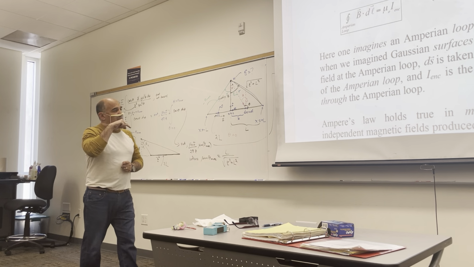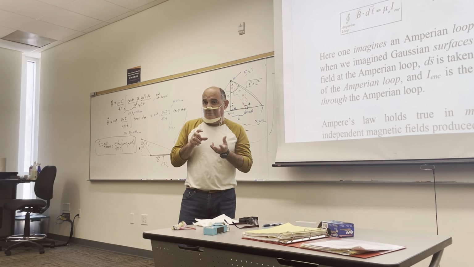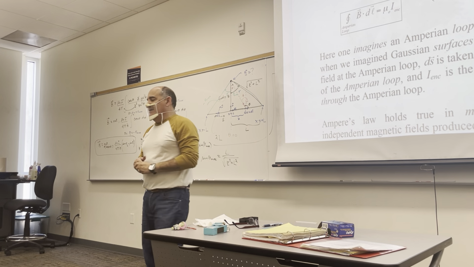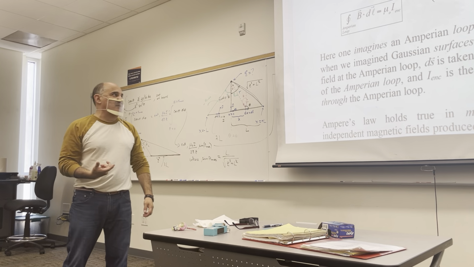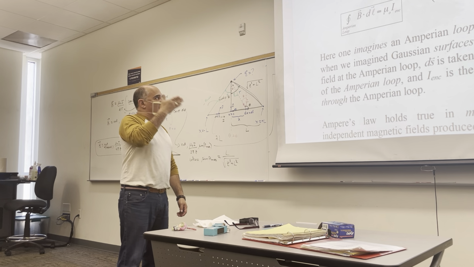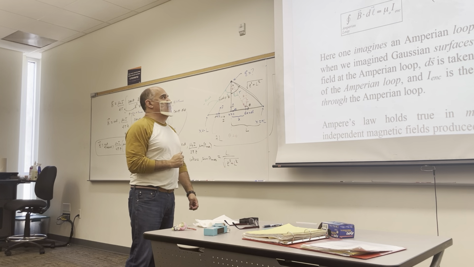The circle in the integral sign just means that you have a closed line integral. It's a closed loop. In Gauss's law, we had E dot dA, a surface integral over a closed surface. But this is B dot dL, so this is a closed loop that we consider.